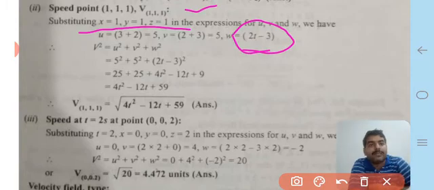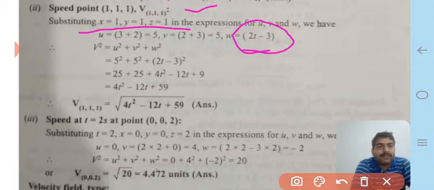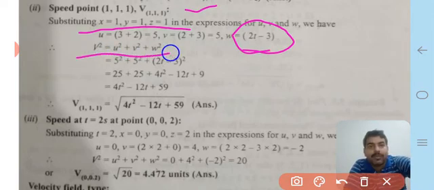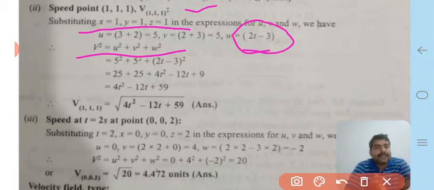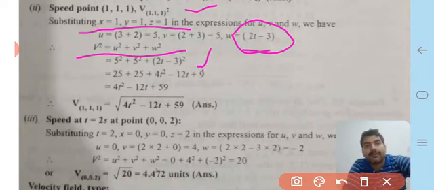Here the time component already occurs. Squaring the velocity components and adding, V square is equal to u square plus v square plus w square, that is 5 square plus 5 square plus (2t minus 3) whole square.